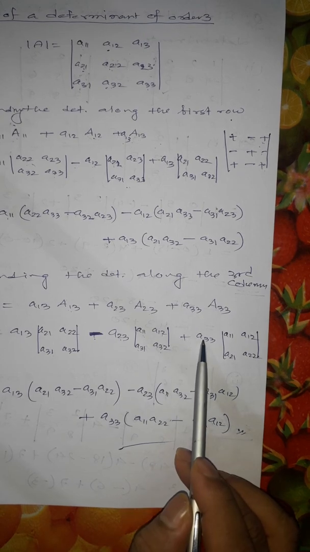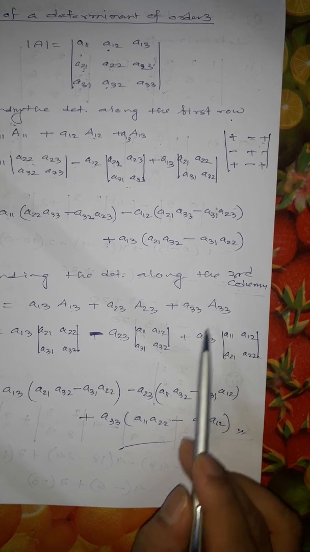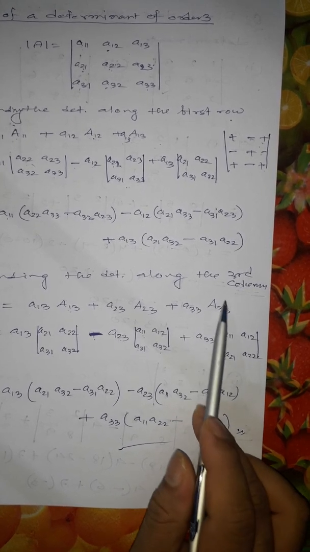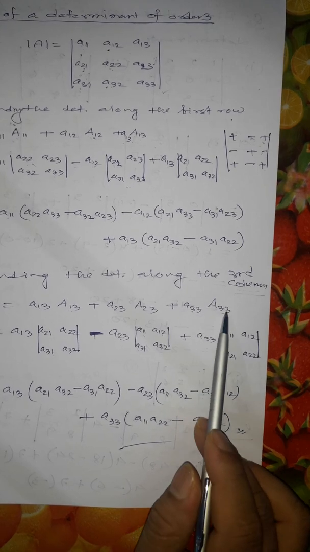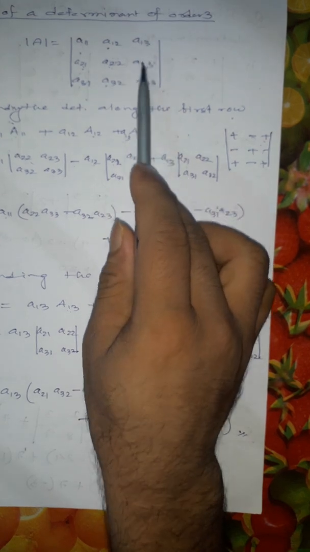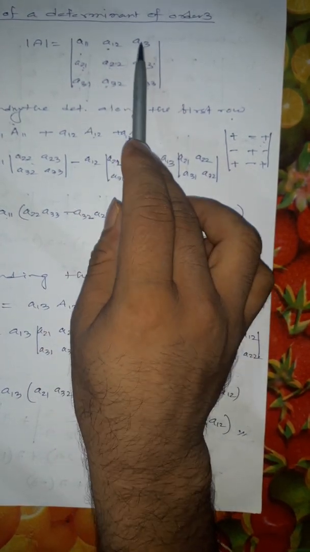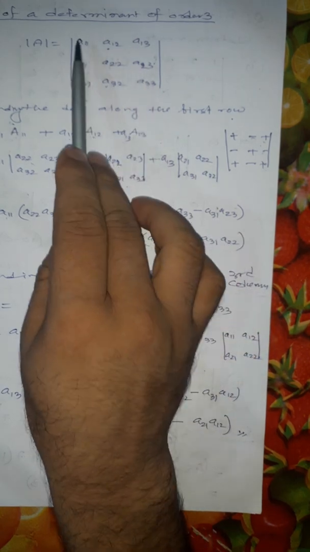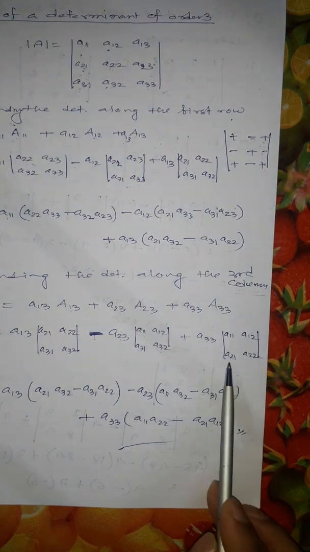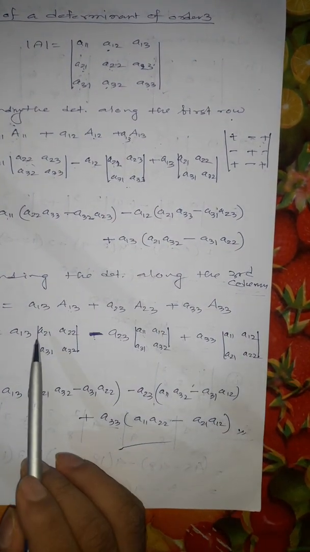Plus A33: 3 plus 3 is 6, even, so the sign will remain the same, plus. In place of capital A33, you write down the minor of this element. Delete this column and this row, because this element is in the third row and third column, so you'll have these 4 elements A11, A12 and A21, A22, and then expand it.